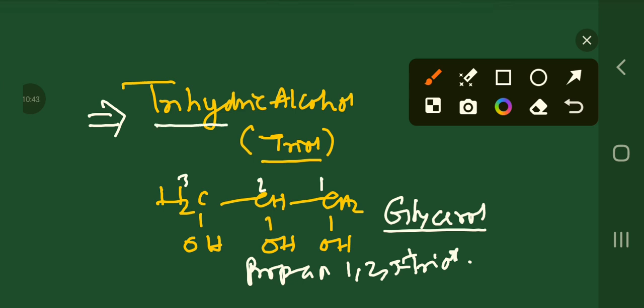The first one is classification based on alkyl group, and the second is classification based on functional group. Now there are some examples in which the hydrocarbon part is unsaturated, like allyl alcohol.